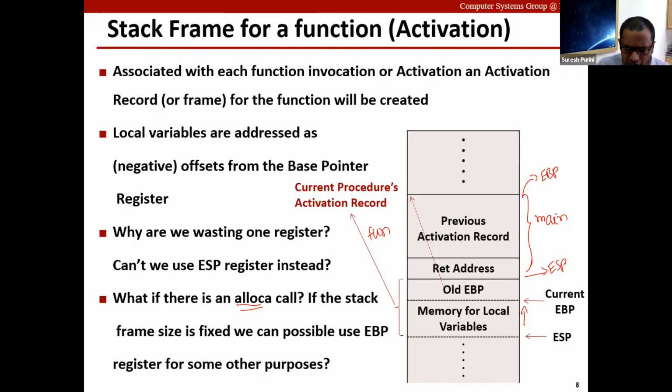But if you allocate memory on the stack, as soon as you come out of that function, the memory that got allocated gets automatically released because the whole activation record gets popped out. So that is the advantage of allocating memory on the stack versus the heap.